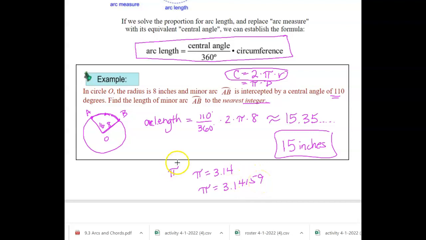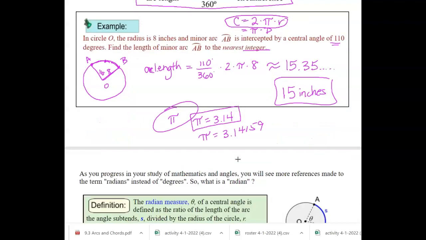As a general rule, I want you to use the pi button if you can. I know not everybody has a calculator that has the pi button available, or use 3.14, okay? I will accept either answer, just so you know. The exact answer would be if we leave pi in it, but that's a whole other ball game. So we'll just follow the directions.